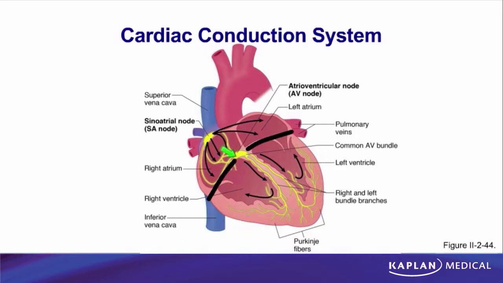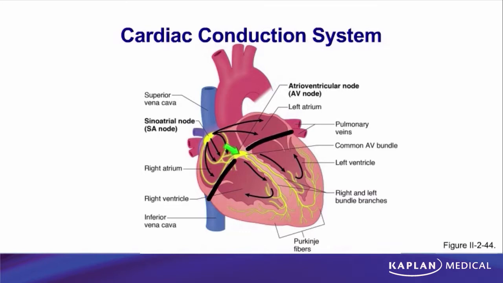Well, right here in the atrial septum, sort of at the upper end of that AV bundle, there's a group of cells in the atrial septum called the AV node, the atrioventricular node. Specialized cardiac muscle again. And there are two important things for us to recognize about the AV node.